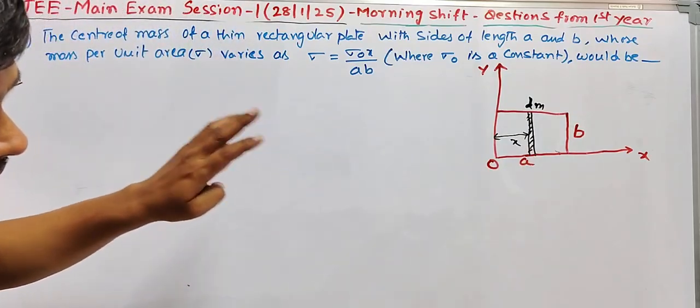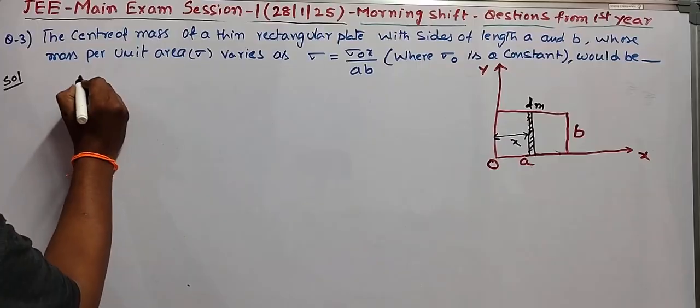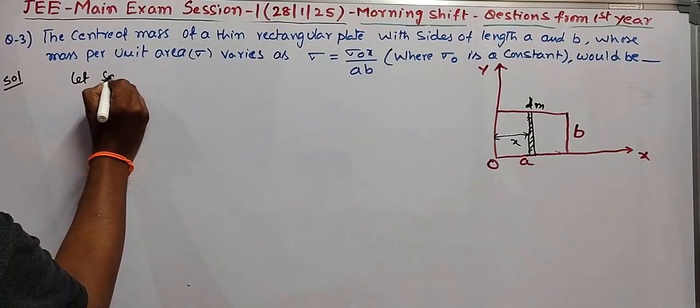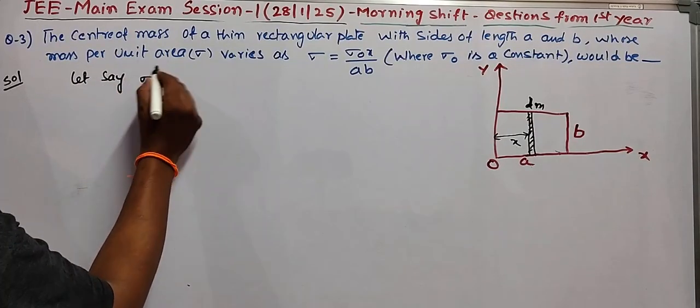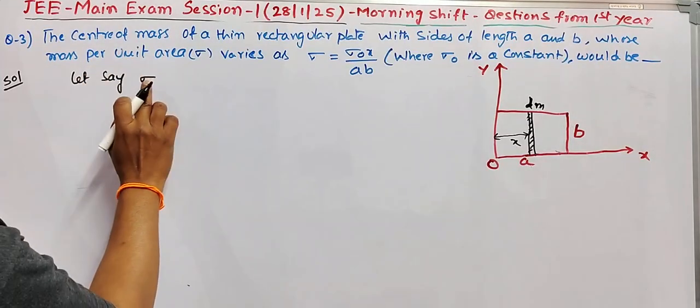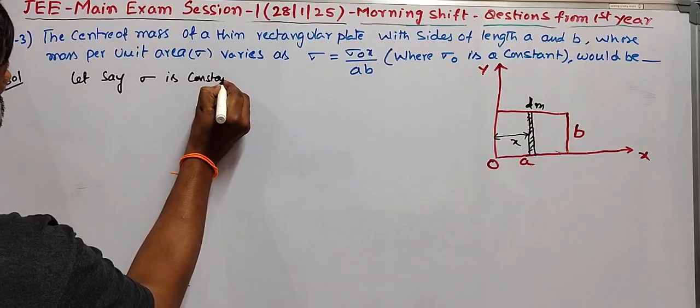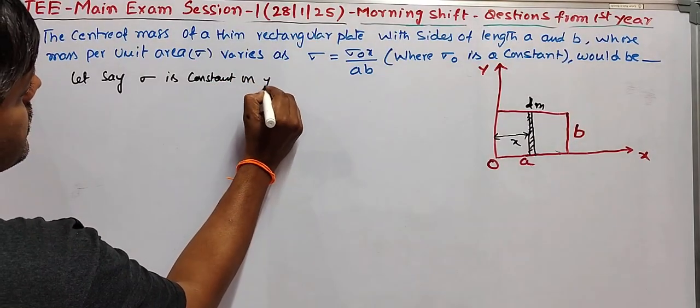You may define sigma is constant in y-axis. That means here, let's say, mass per unit length. Mass per, okay, linear. That means areal mass density. Sigma is constant on y-axis.